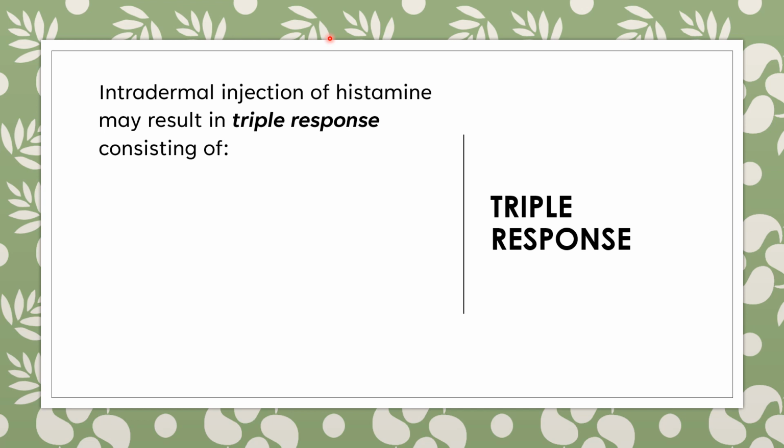The components of the triple response include, first, the red reaction. During the red reaction, there is intense reddening at the point of injection, called the flush. That is due to the vasodilatation of the arterioles at the site of injection.